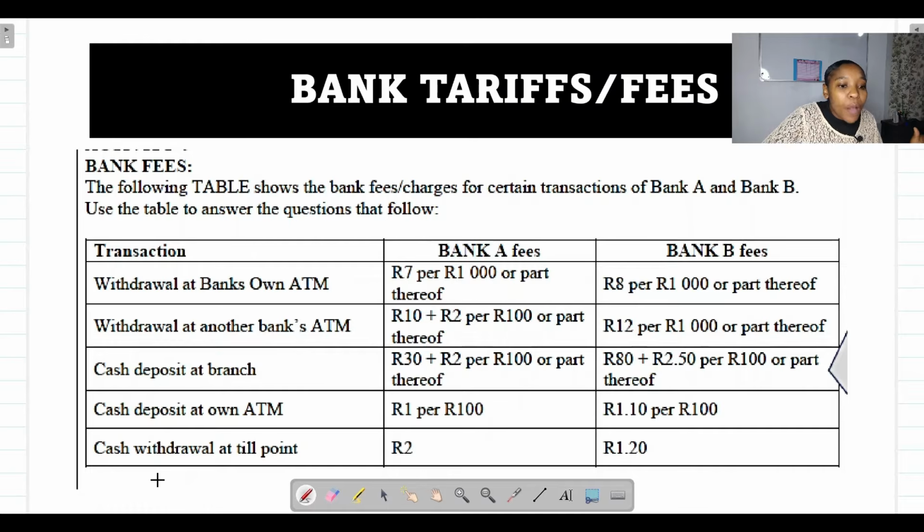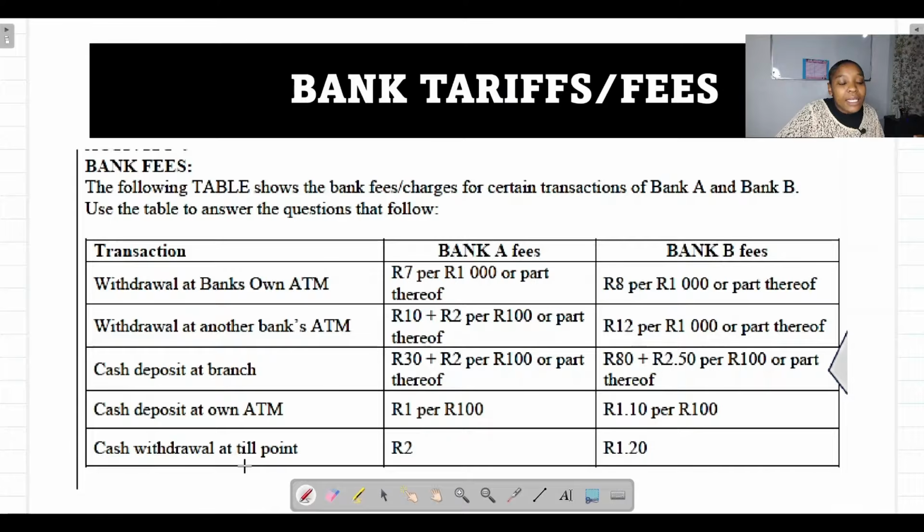So from here we can see that the cheapest place that you will pay for a withdrawal is at a till point, because at the till point, look at this, at Bank A, just for you to withdraw, it's 2 Rand. And in Bank B, just for you to withdraw, it is 1 Rand and 20 cents. So we can see that the cheapest place that we can basically go for a withdrawal is at the till point. So let's write that down.